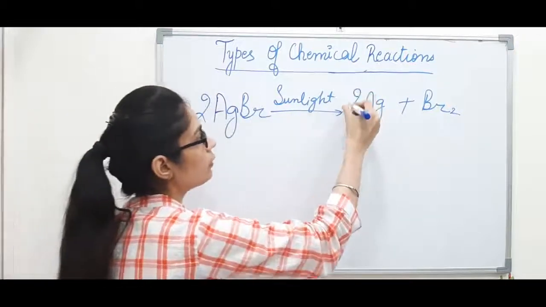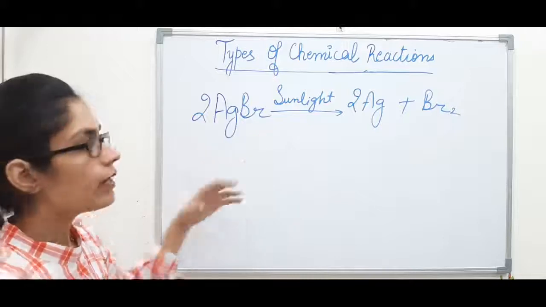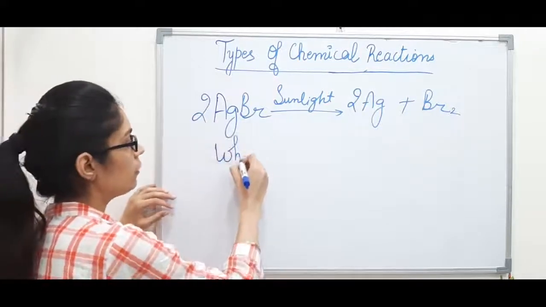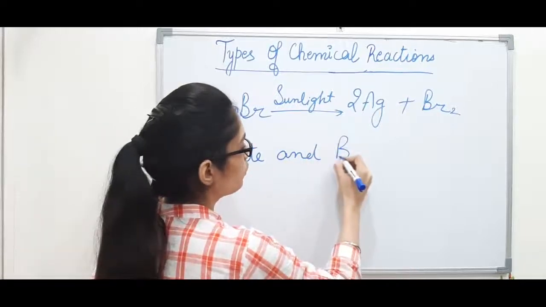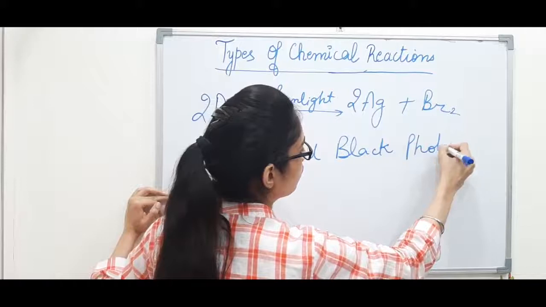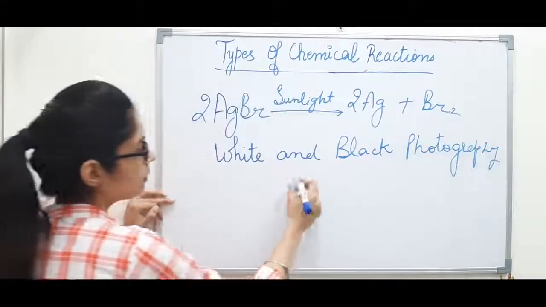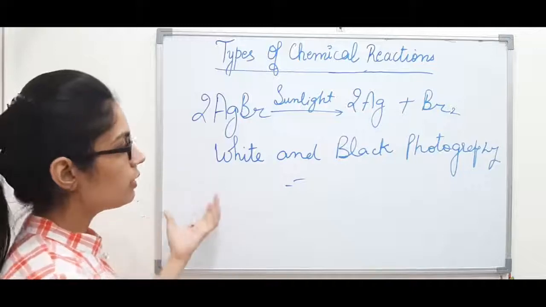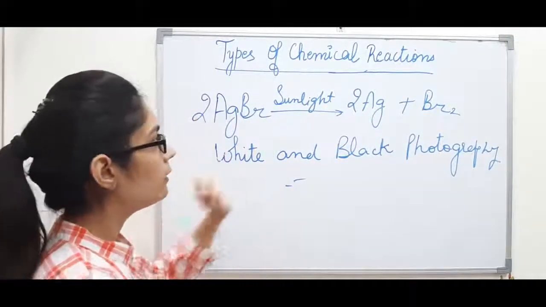We can balance the equation, and this type of chemical reaction is used in black and white photography. So this question can also be asked in the exam: which substance is used in black and white photography? That is silver bromide.